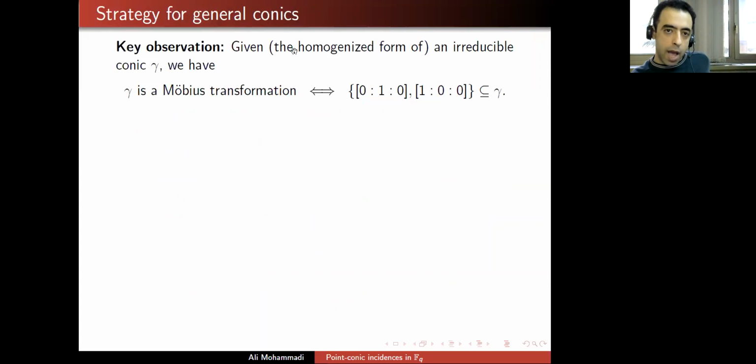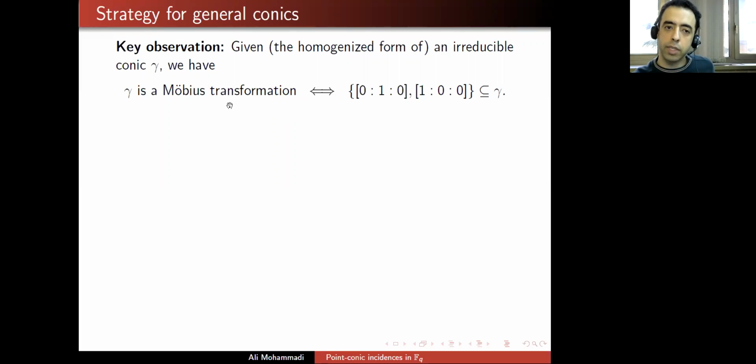Okay, so how about general conics? These are curves defined by a larger number of parameters. And here the main observation is that an irreducible conic is actually a Mobius transformation if these 2 points sit on it. It's a fairly simple calculation to see this. You have to write the curve corresponding to a Mobius transformation in its homogenized form, as in a curve over the projective plane.